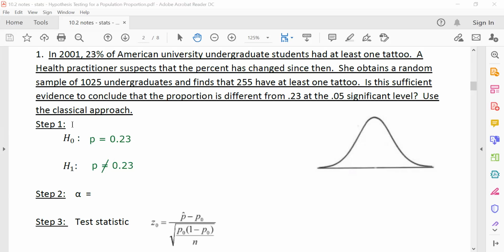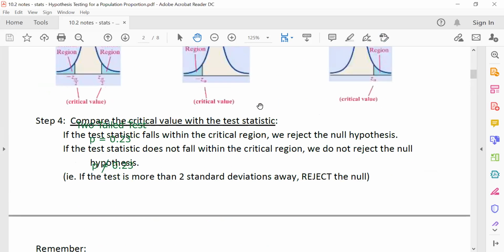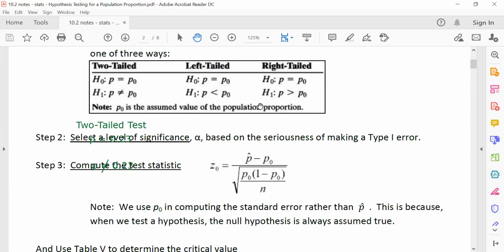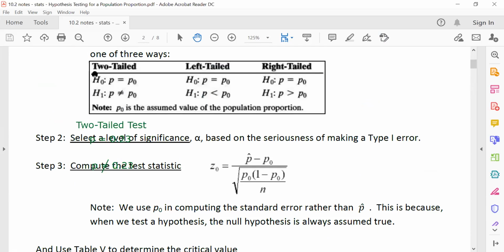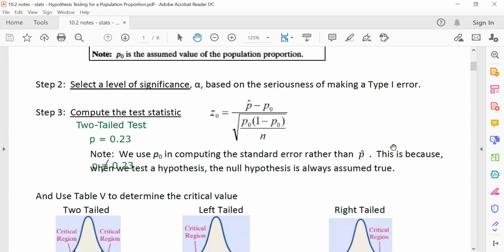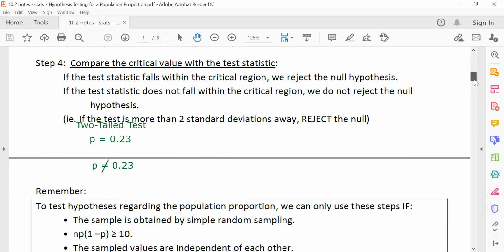Thus, this is a two-tailed test, simply because the alternative hypothesis is the not equal to. I will remind you, look at the two-tailed test. Here, the p0 is the 0.23, the value from the hypotheses. So this is a two-tailed test.